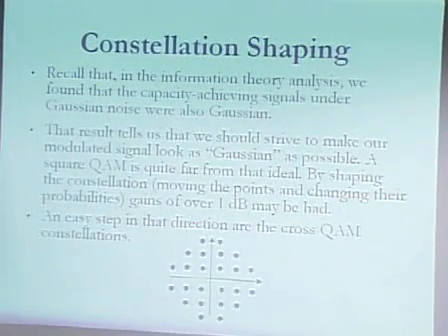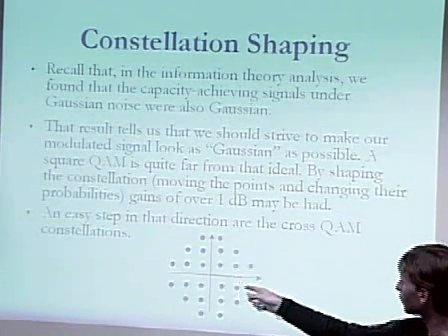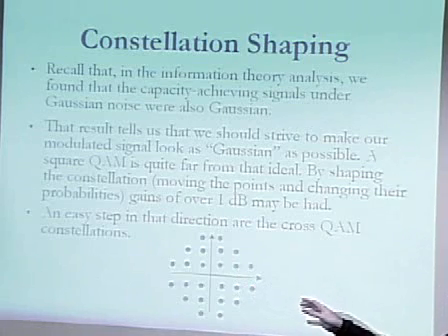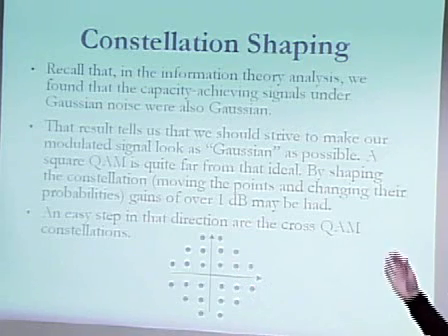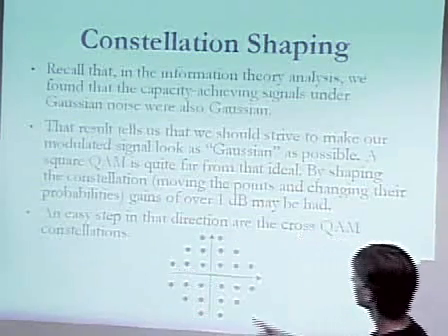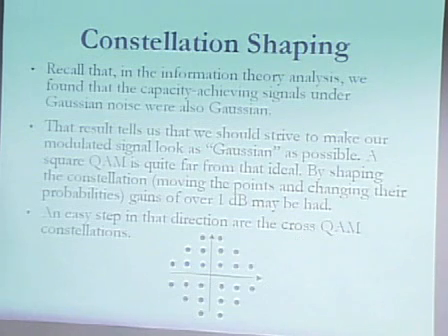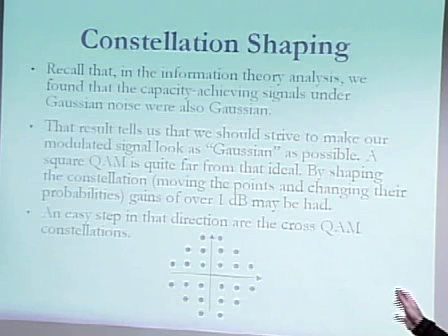So the way to do that is by using these cross QAM constellations, like this one, for example, which is not exactly spherical, but it's more round than the one we saw before, right? So we took some points and we moved them around. So I think here we have 32 points. This is a square 32. So it looks more circular than the one we had before.